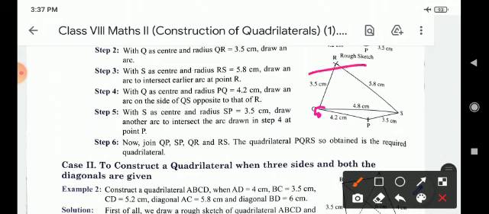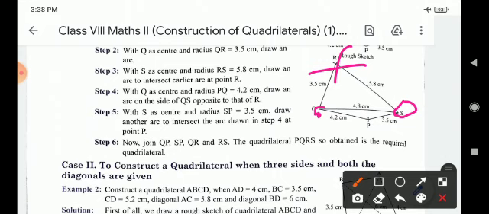Step number 3, with S as center and radius RS equal to 5.8 centimeters, draw an arc to intersect the earlier arc at point R.